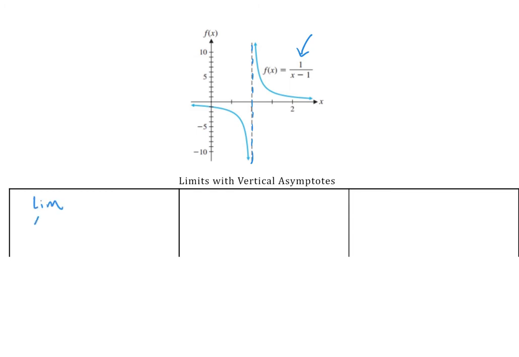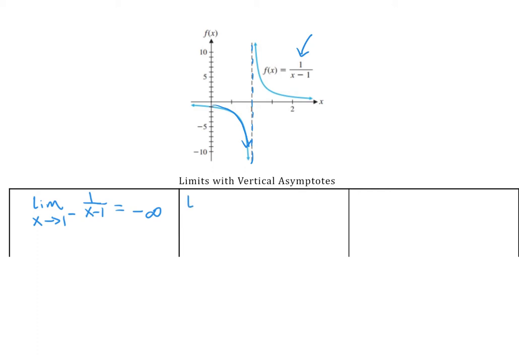Starting out, the limit as x approaches 1 from the left, so one-sided, of the function 1 over x minus 1. From the left, it is approaching negative infinity.